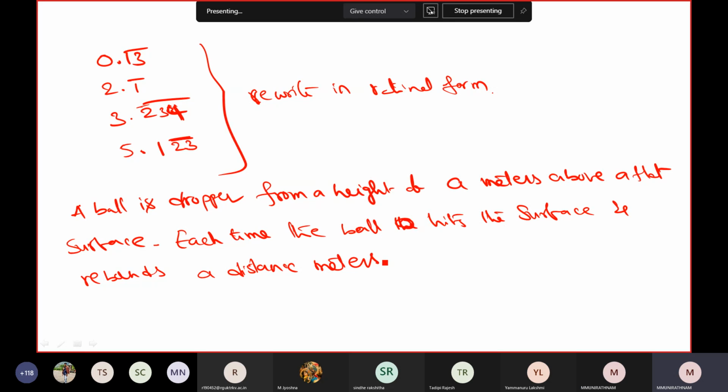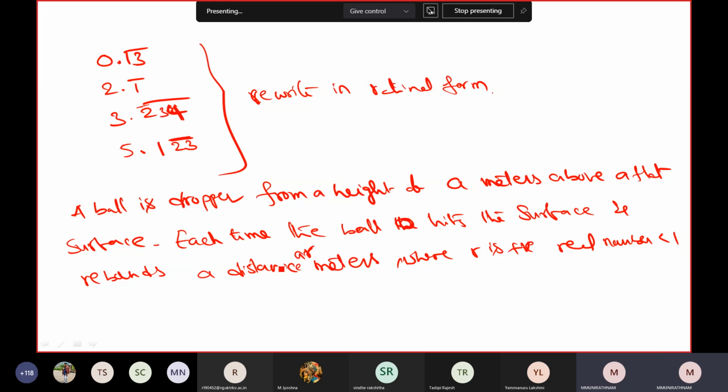Where R is a positive real number less than 1.